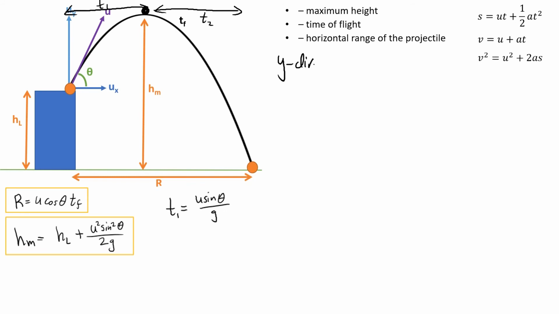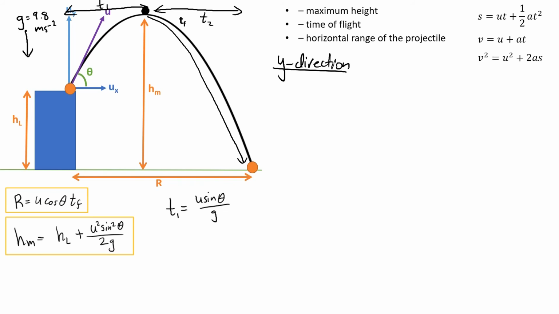But let's just quickly rewrite the things we had before. Now we're considering from the maximum height down to the ground, right? So that ball is going to be traveling all the way down.